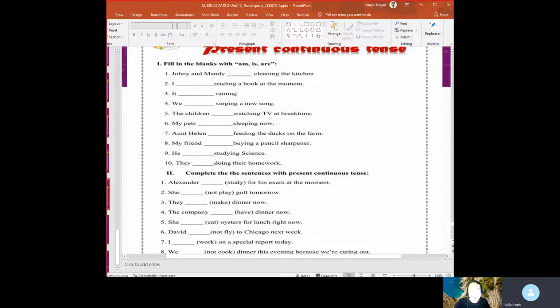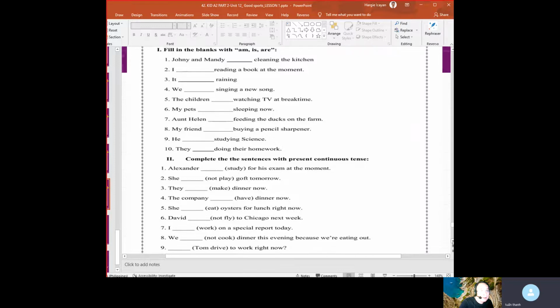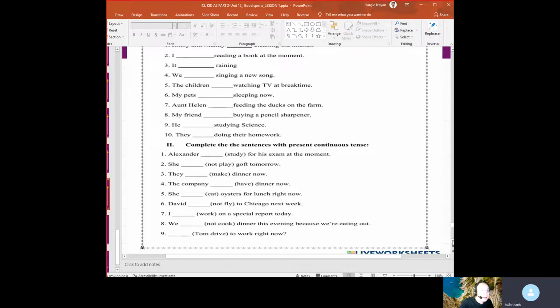Okay, very good. That's correct. V. Next, number 5. She is eating oyster for lunch right now. Very good. So the correct one is eating. Type it again, V. So she is eating oysters for lunch right now.